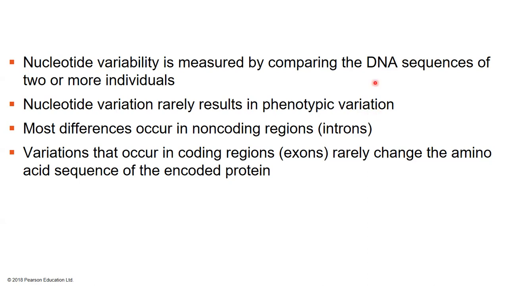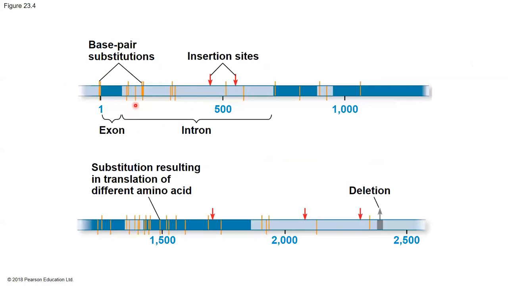Why? Because differences in nucleotide sequences might not produce different alleles, because most nucleotide sequence differences happen within introns, as you can see here.